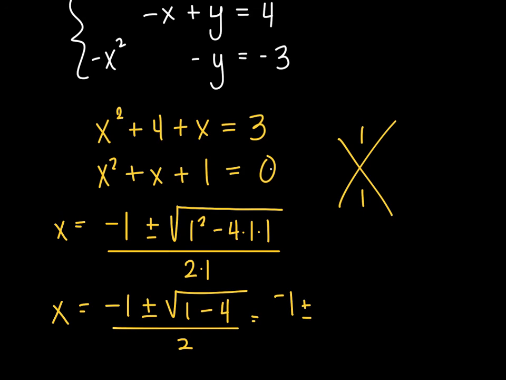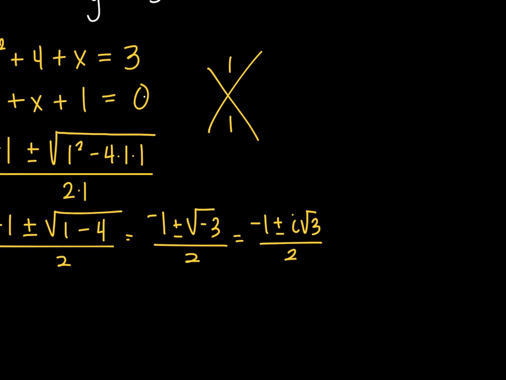So negative 1 plus or minus rad negative 3 over 2. And it's been a little while since before Christmas, but rad negative 3 is i rad 3. Okay, which is imaginary. So it all is coming back.